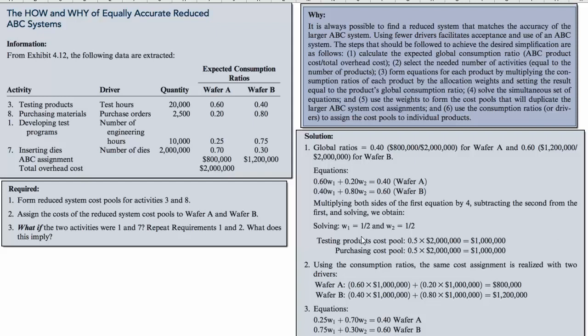And let me correct that. That's the testing cost pool and the purchasing cost pool, which means activity 3 and activity 8. Then it says assign the cost of the reduced cost pool.